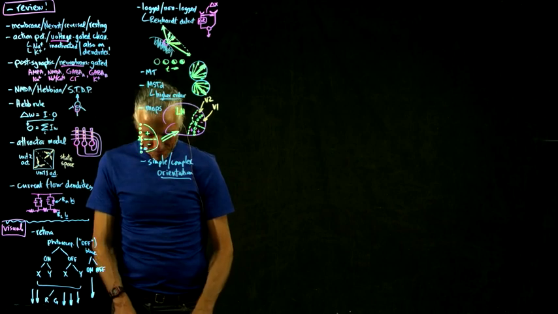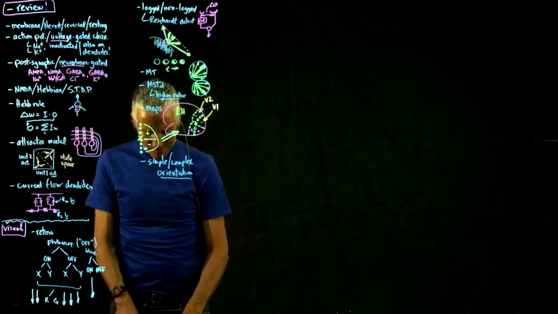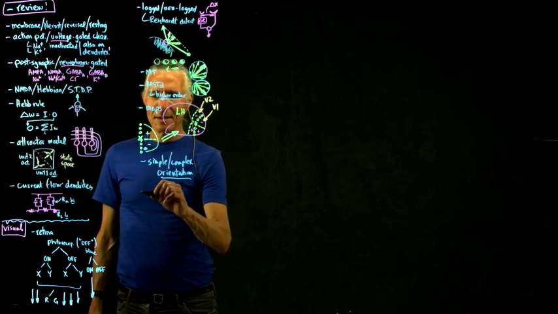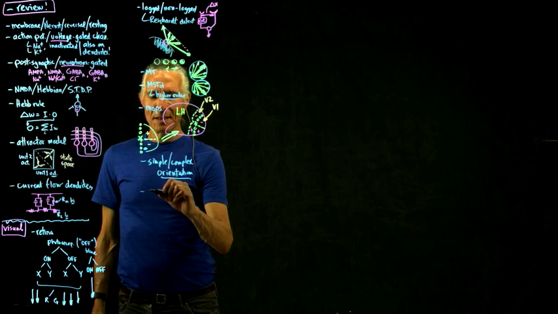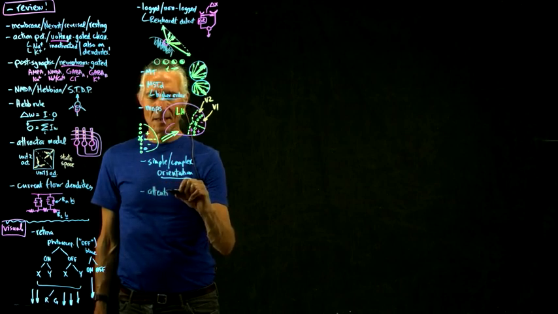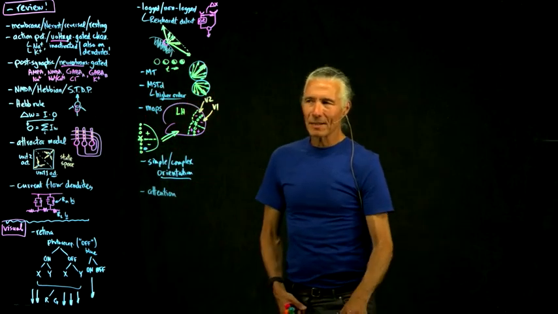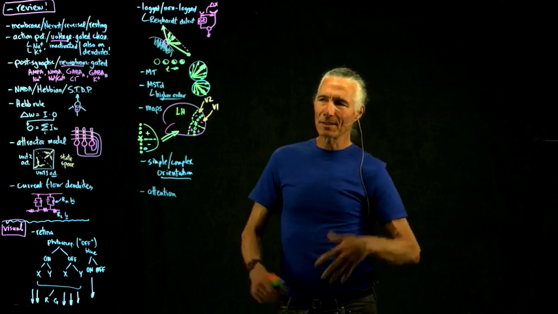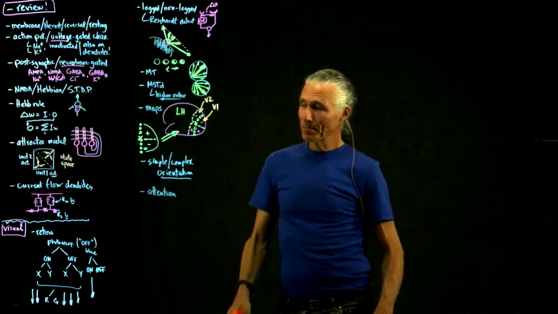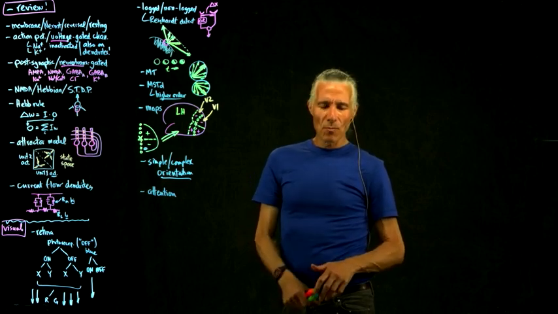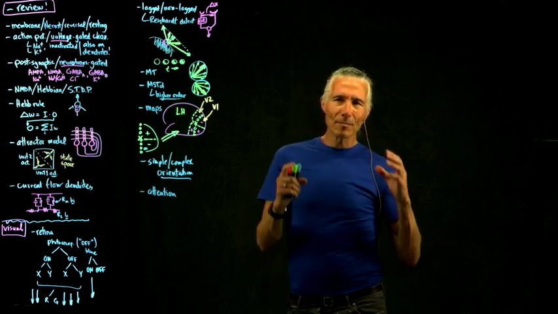And then we did a little bit on attention. So we said that attention wasn't in a particular place. It was just all over the place. It's basically a way of dealing with the fact that there's so much junk in the world.